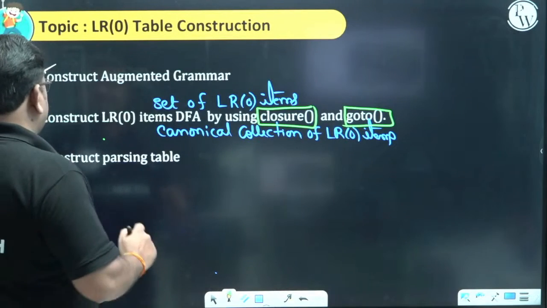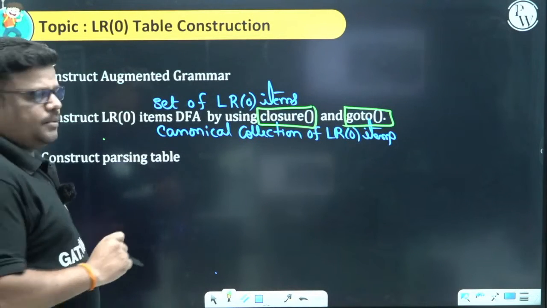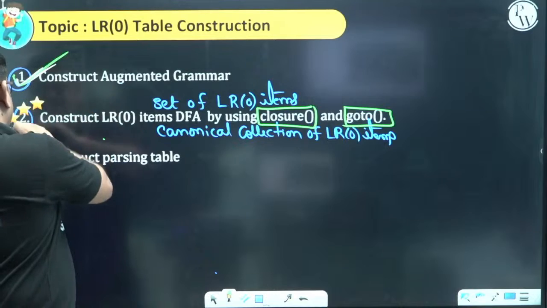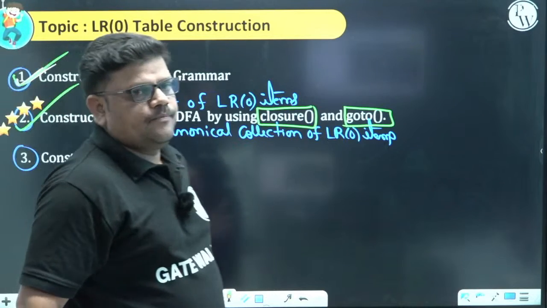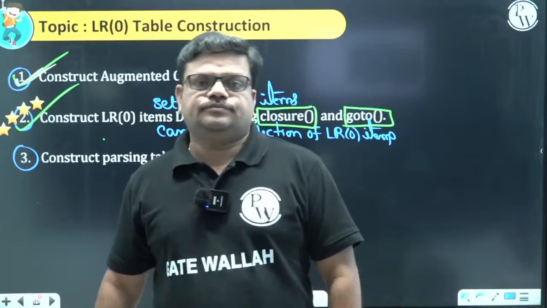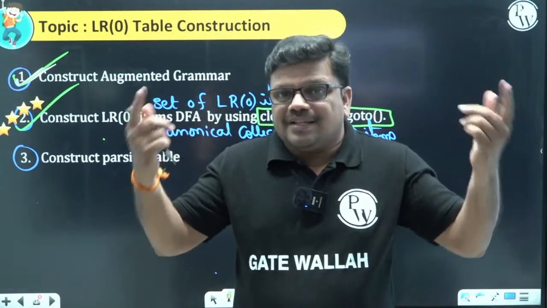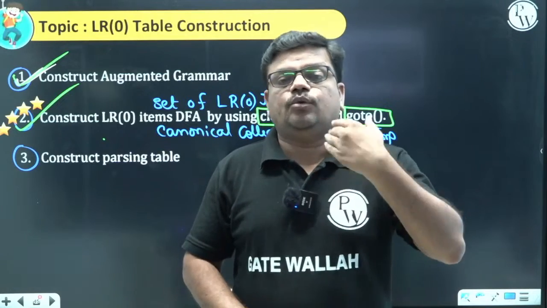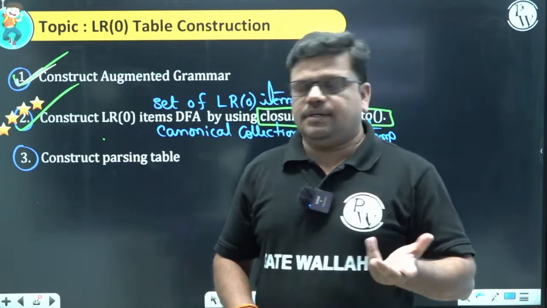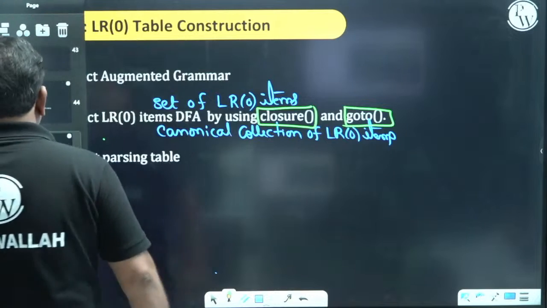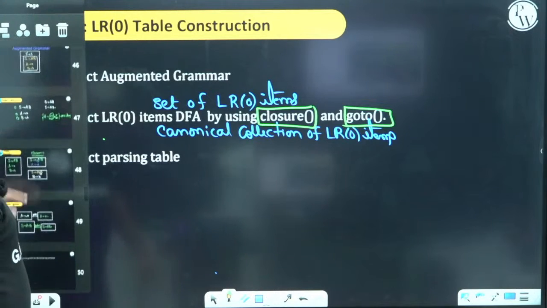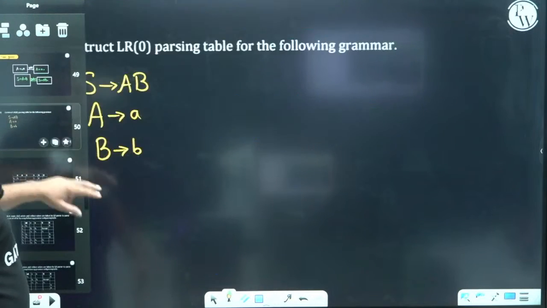Now we'll practice through an example how to implement the first and second steps of the algorithm: constructing an augmented grammar, the total set of LR0 items, and the LR0 items DFA.